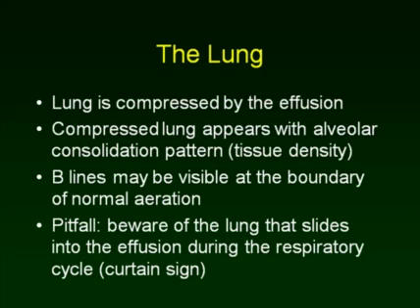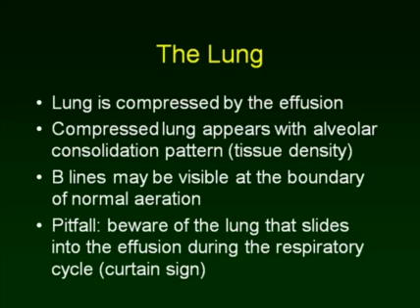It assumes an alveolar consolidation pattern, that is tissue density. It even has the appearance of liver. It's become so airless and tissue dense. So-called B lines may be observed at the periphery of this atelectasis.